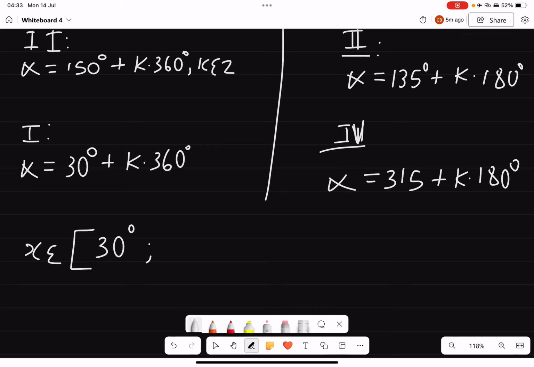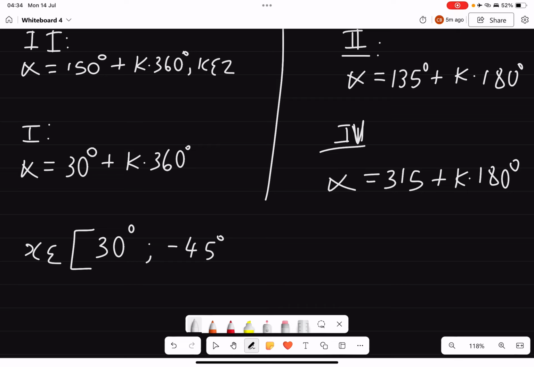Then negative 2 also gives me something outside. Oh wait, guys, here I made a mistake. Negative 2 doesn't work. Let's check negative 1. Negative 1 works, giving us negative 45 degrees.